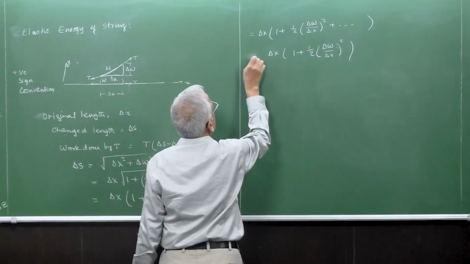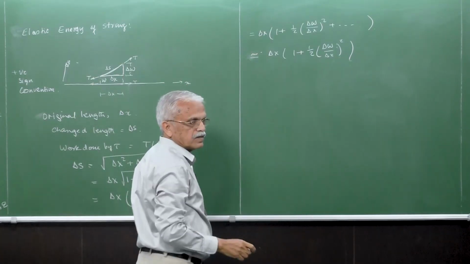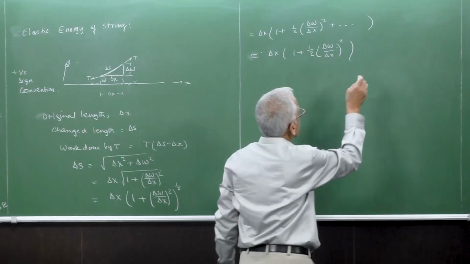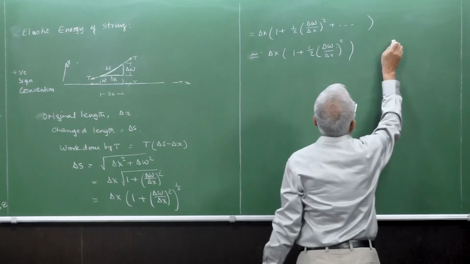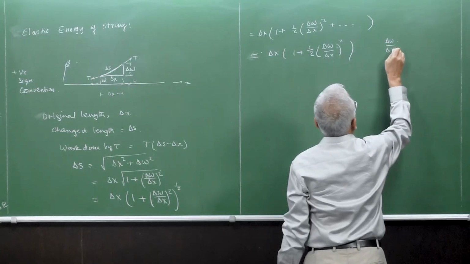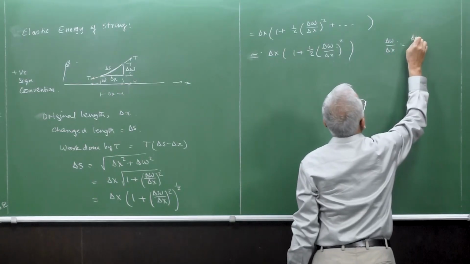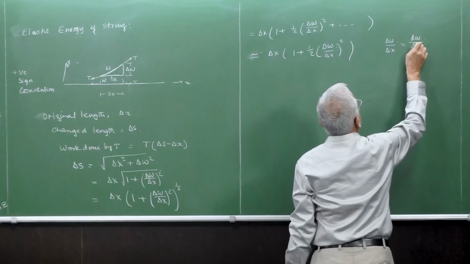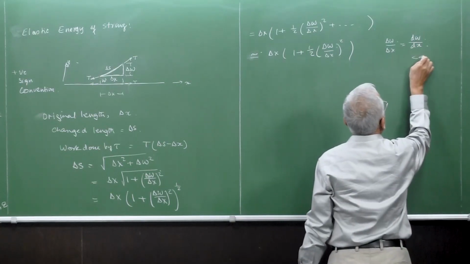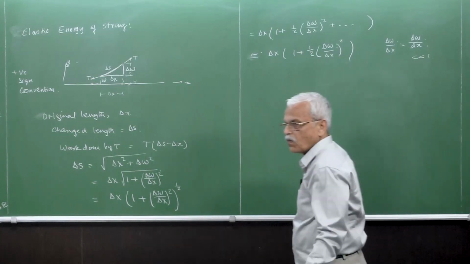So this is approximately this one. This is because the term, if you go into the limit, delta W by delta X, which we write as dW by dx, is very small compared to the value 1.